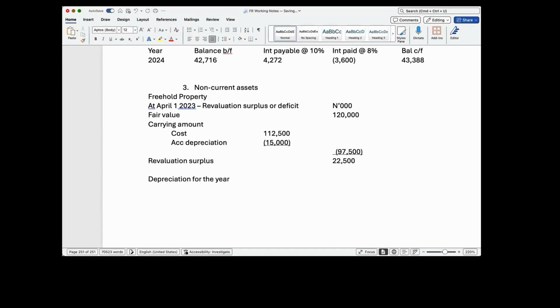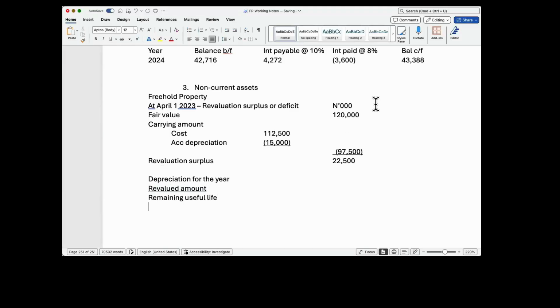And how do I do my depreciation for the year? Since they have revalued the assets, it will be based on the revalued amounts. Revalued amounts. I will divide it by the remaining useful life.